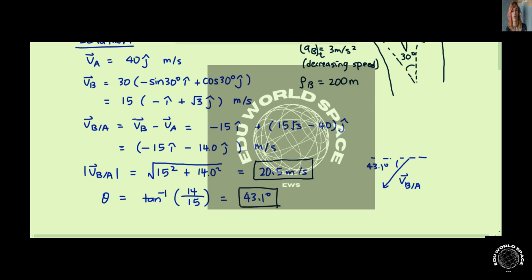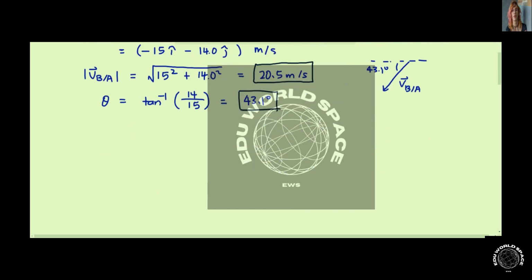Next we move on to the acceleration. We are given that the acceleration of A is 4 j hat meters per second square. As for the acceleration of B, we know that the tangential component of aB is 3 meters per second square.